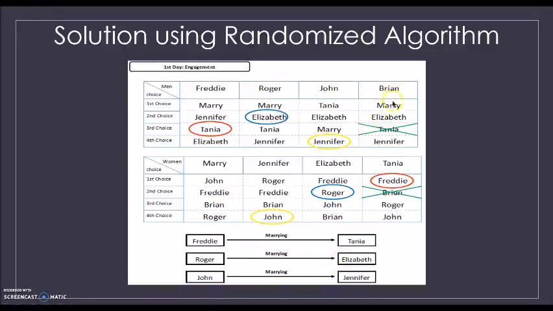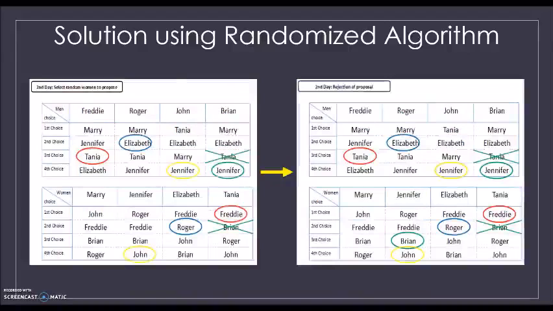Brian and Mary have no one. Because there are still people who got rejected and not selected, they have to have a second day of iteration.